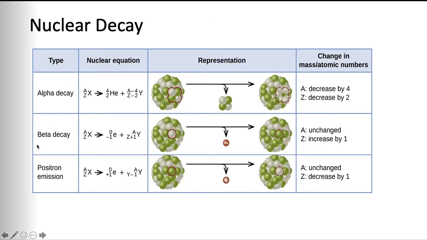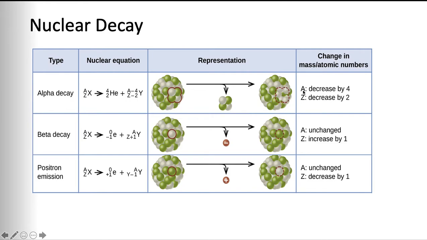Let's talk about each of these decays and what it actually does to the atomic mass and atomic number. If I have an alpha decay, that means that I'm losing the equivalent of a helium atom every time I have an alpha decay.